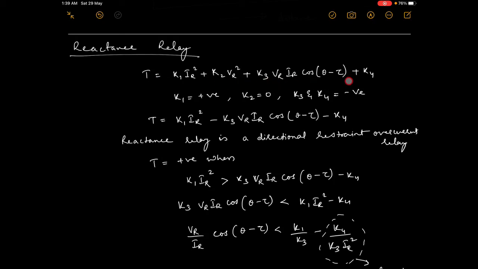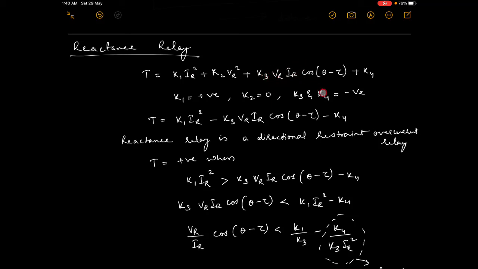So this universal torque equation is what we have already seen many times. Now as we did in distance relay, here we want the directional aspect also. To make that, we make K2 as 0, and K1 positive, because this is our operating force.